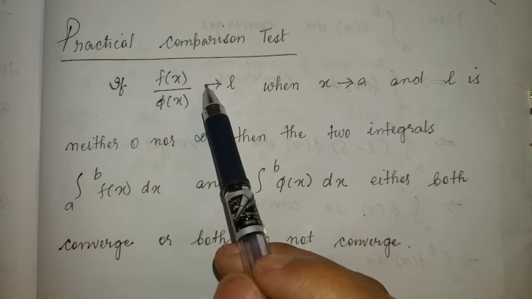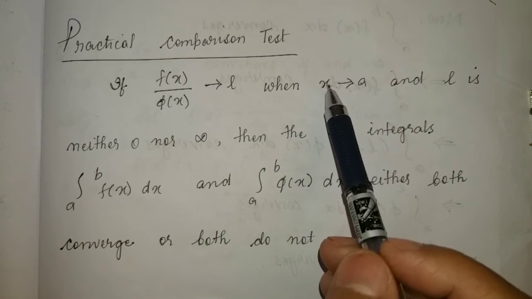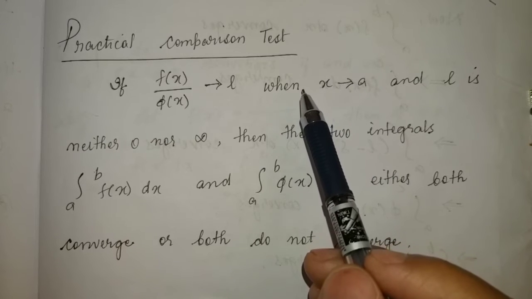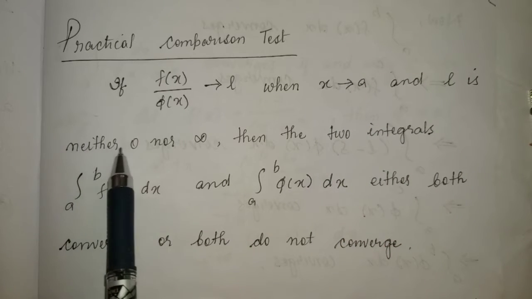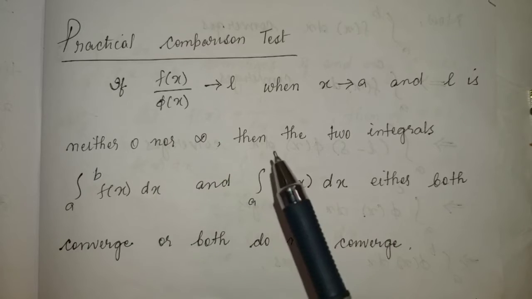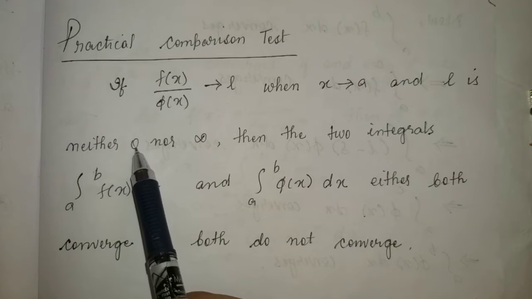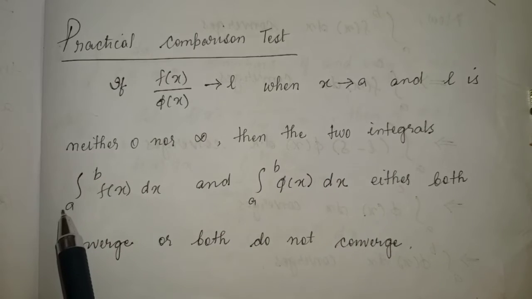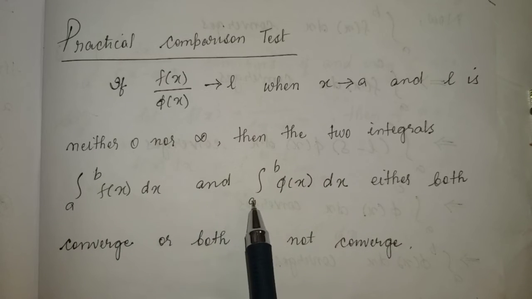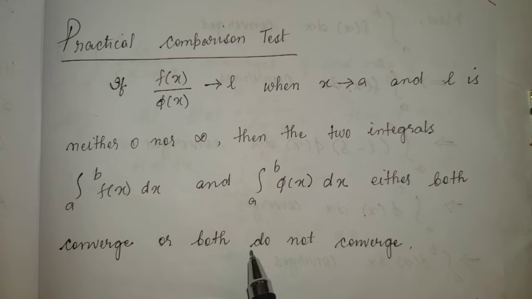If it converges to the limit L when x tends to a, and L is neither 0 nor infinity, so it should be a finite value, not equal to 0 nor infinity, then the two integrals a to b f of x dx and a to b phi of x dx either both converge or both do not converge.